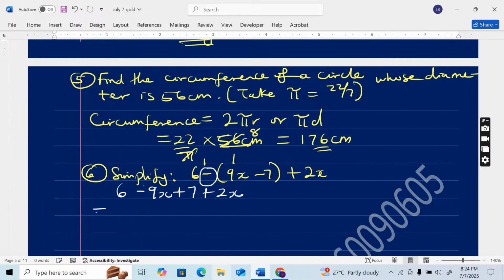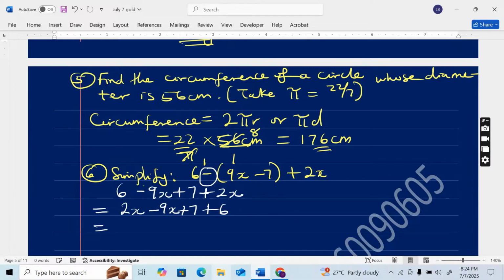Now, having done this, we need to group the like terms. So let's start with the ones that are positive. Plus 2x will be written first because it is positive. In algebra, you are meant to arrange positive before negative. So 2x minus 9x, then we have plus 7 plus 6 because 6 is positive.